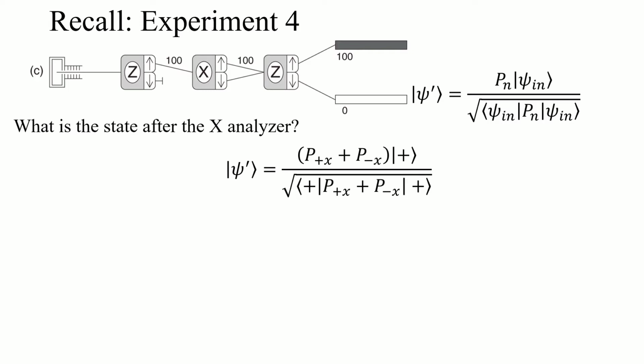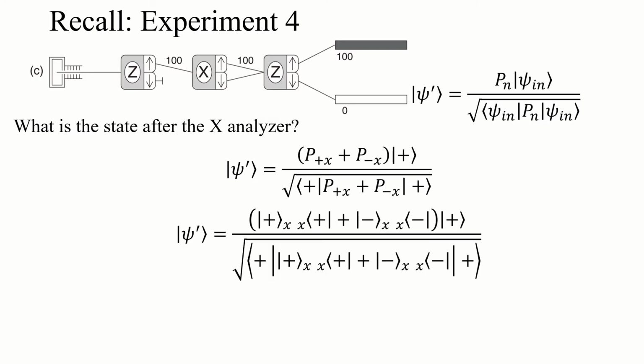And the result of that is we're taking both the spin-up and the spin-down measurement results, and we're not really measuring them. We're just bringing them back together into the same beam in some coherent way. And so the projection operator is projecting onto both of those kets, so it's just the projection operator of spin up in the X direction plus the projection operator of spin down in the X direction.